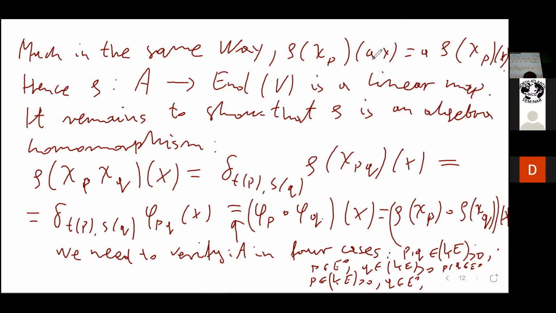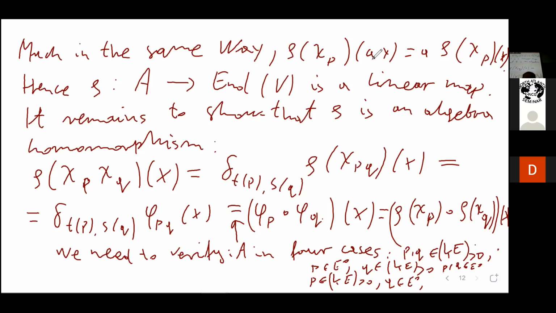Okay, so what if I take two different vertices? Then the left-hand side, of course, vanishes. But how about the right-hand side? I cannot compose, right? But now I can, when I take them as projections. So if I have two different vertices, then these projections will multiply to 0, because the image of one projection will be in the kernel of the other projection if these two vertices are different.